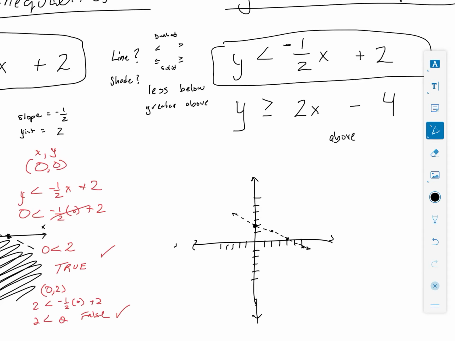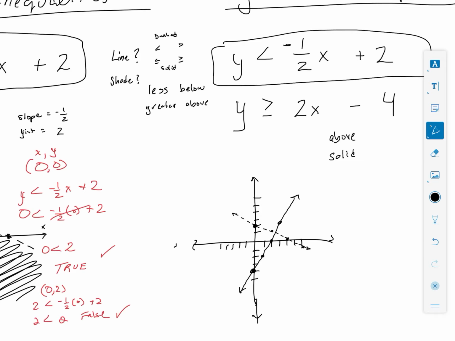And the line underneath the inequality symbol, making it greater than or equal to, tells me that I have a solid line, and every point on that line is included in my solution set. So, starting at negative 4 on my y-axis, I'll graph a slope of up 2 over 1, and I'll get a graph that looks something like that.